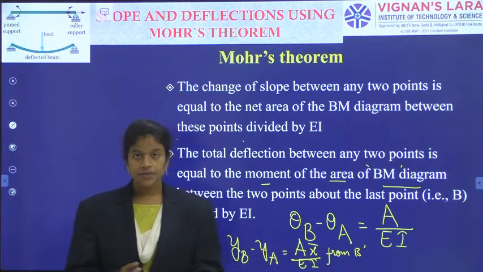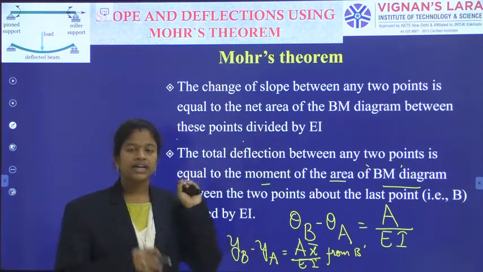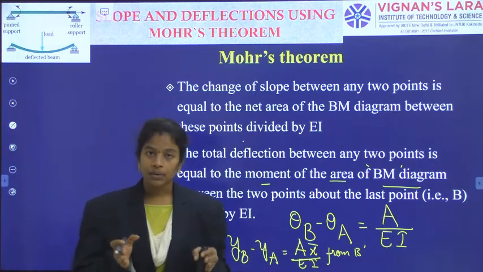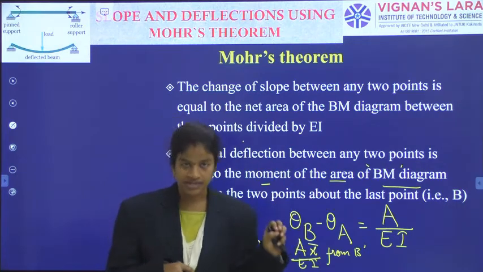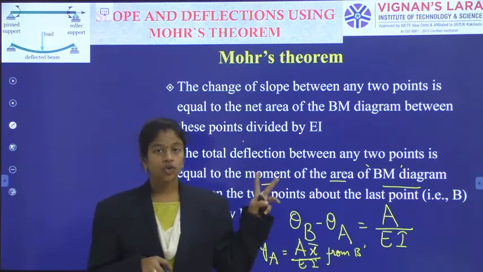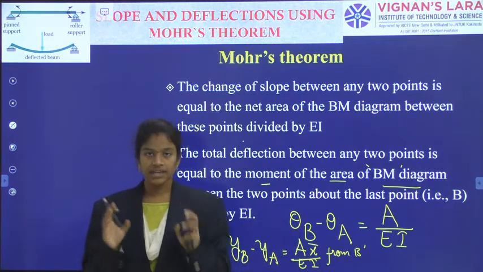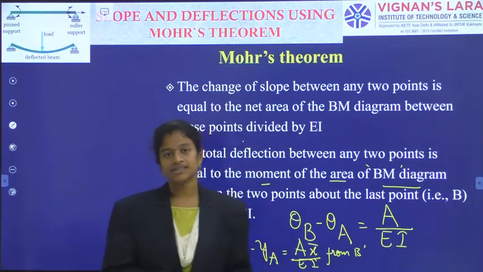The area of the bending moment diagram divided by flexural rigidity is the difference of the slopes between those 2 points. Similarly, the total deflection between the 2 points is equal to the area moment of the bending moment diagram from the last point divided by the flexural rigidity.